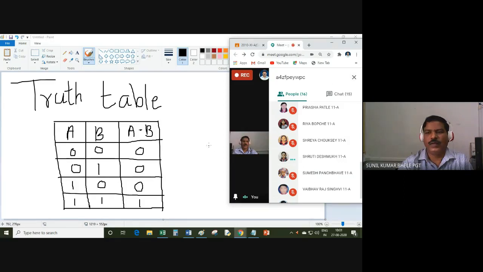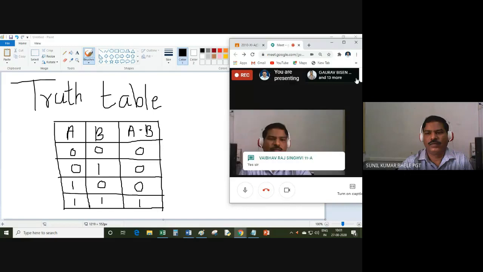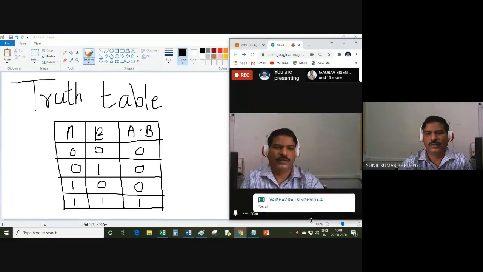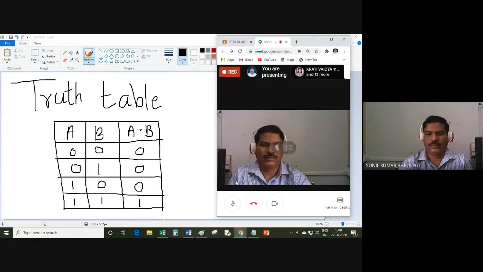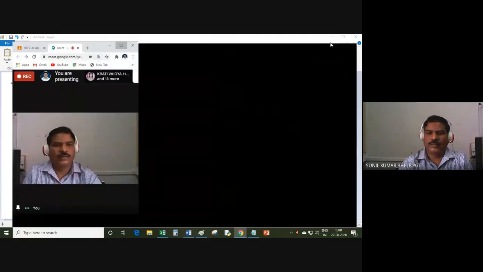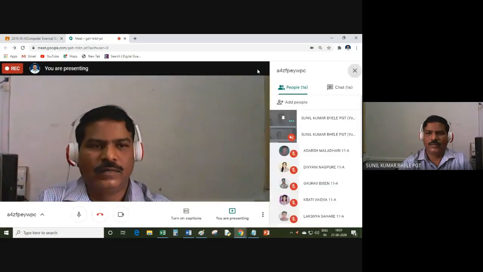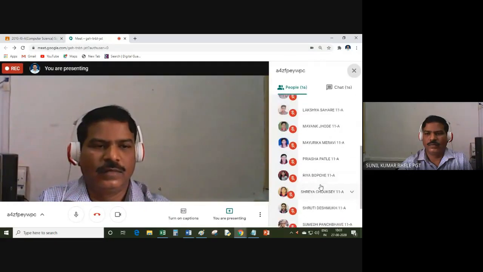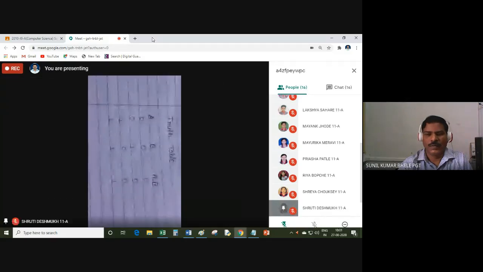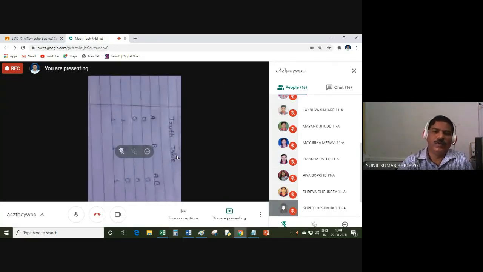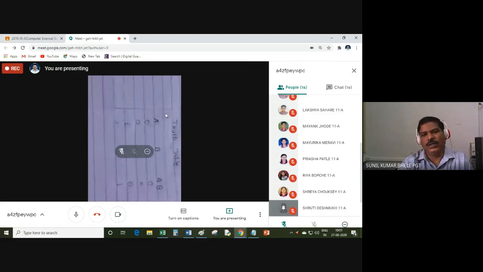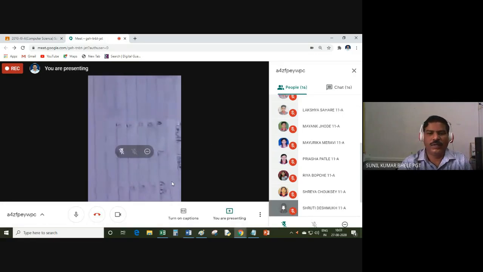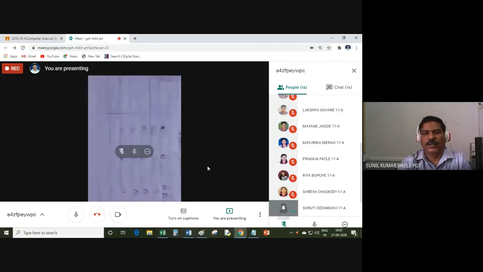Place your notebook in front of the webcam. Okay, I can see your notebook. You can put a border around this table also, otherwise it is okay.